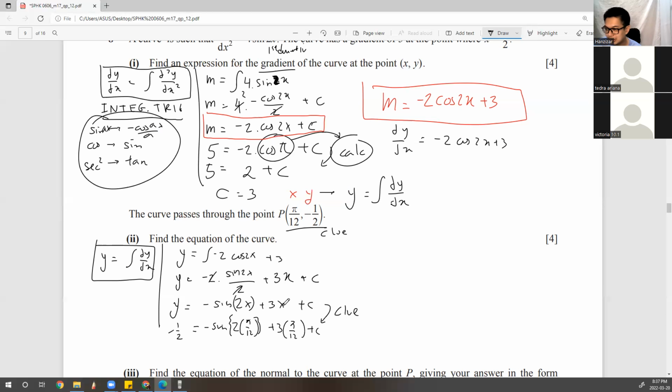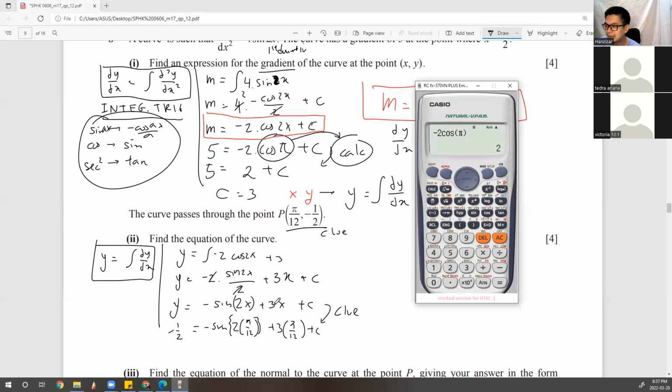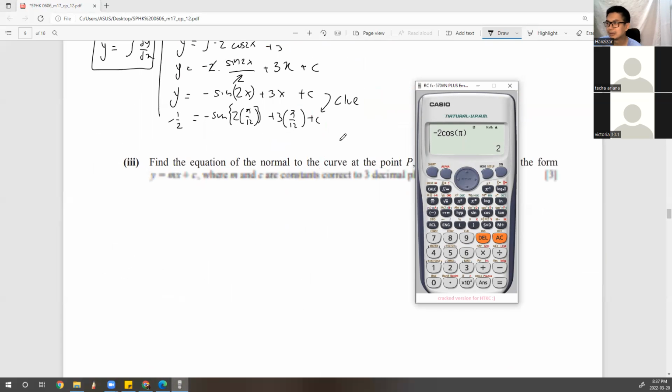Now, what we're going to do is solve or find this answer. There you go. Negative sine pi over 6. That's the simplest way. I don't want to write 2x over 12. Pi over 6 is better, right? And then close.